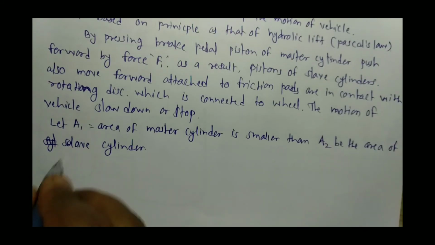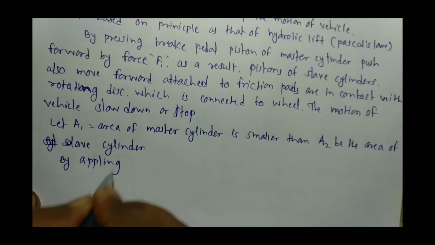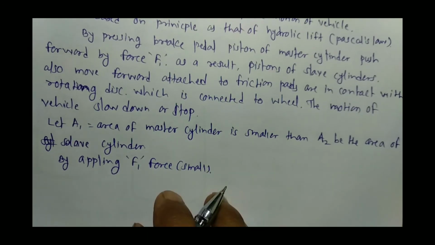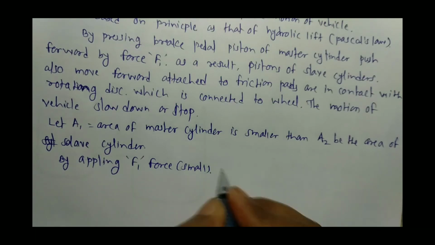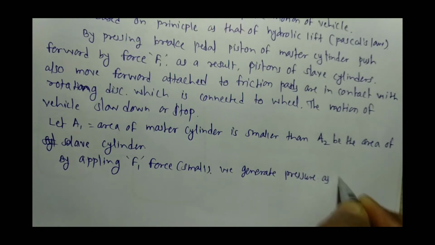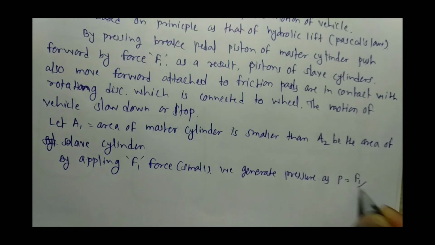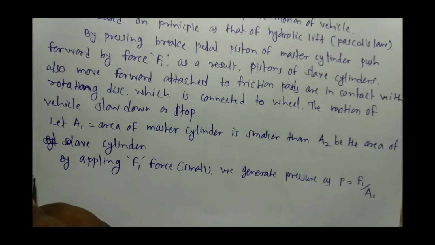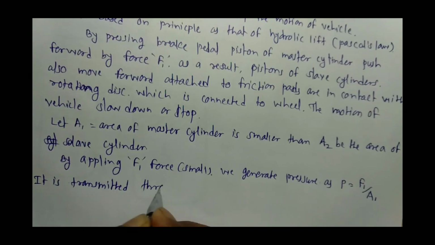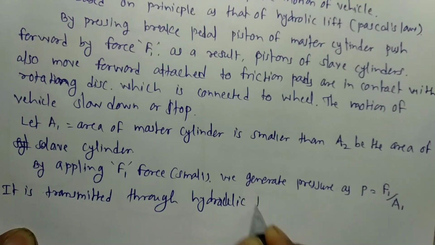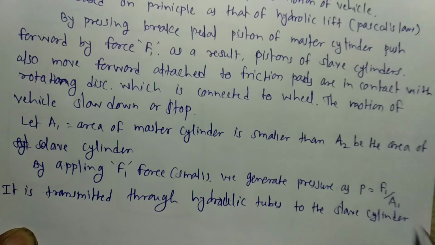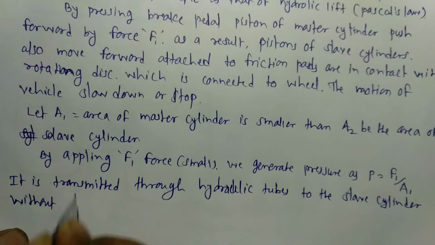By applying the small force F1, we generate pressure P equal to F1 divided by A1, and it is transmitted through hydraulic tubes to the slave cylinder without diminishing.